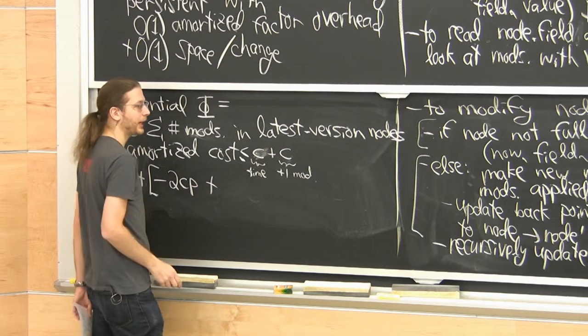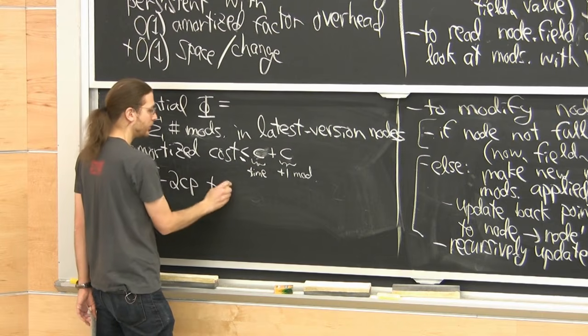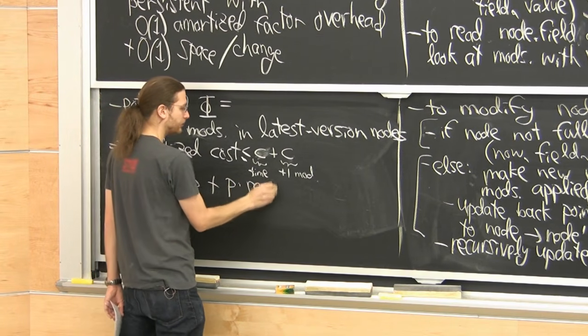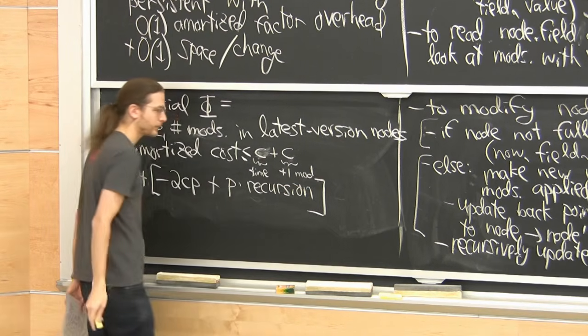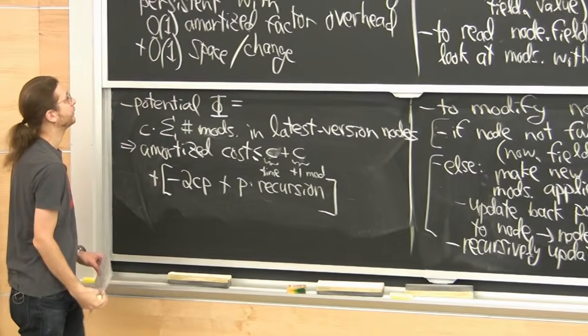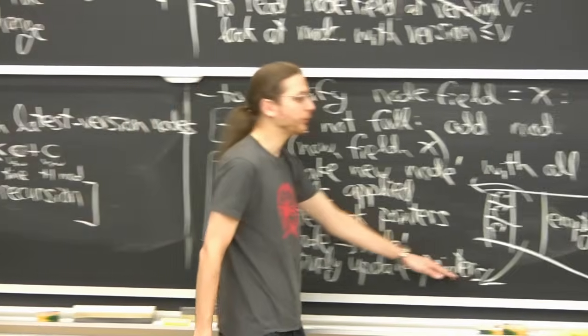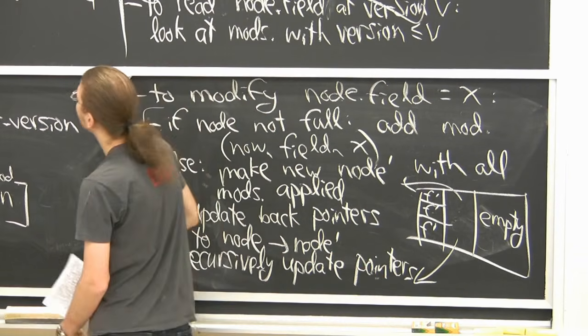And then we'd have to pay, I guess, up to P recursions. Because how many pointers are there to me? Well, at most P of them, because there are at most P pointers to any node.